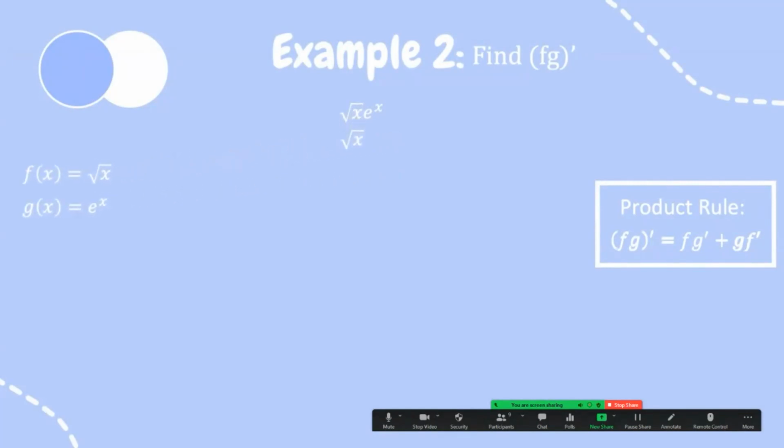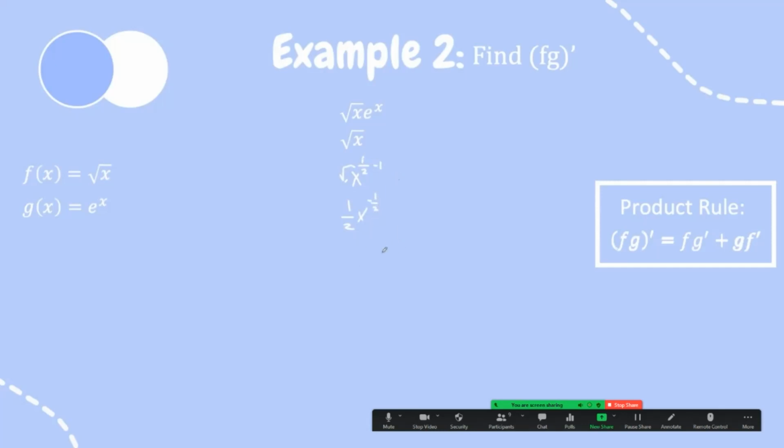Now we have to find the derivative. So this you can rewrite as x to the power of 1/2. Meaning now you can move that over and subtract that by 1, which becomes 1/2 x to the power of negative 1/2.